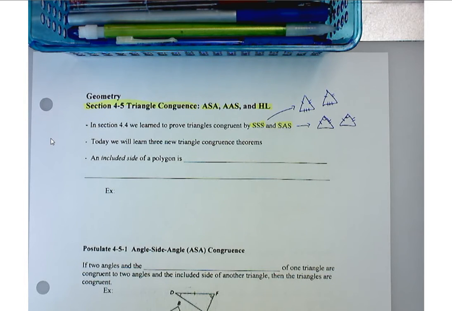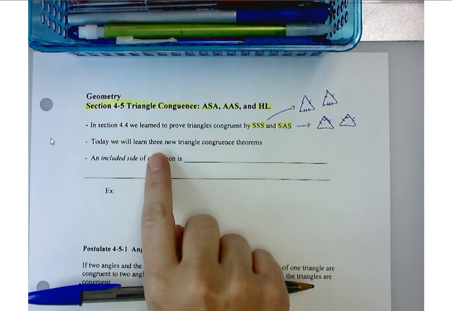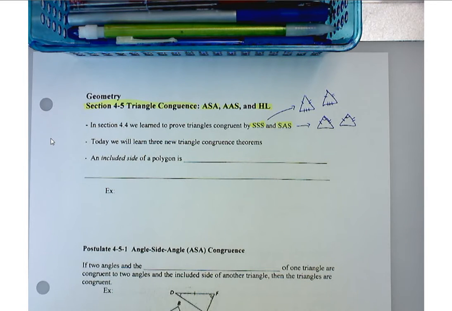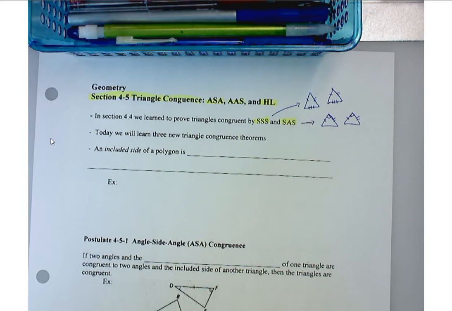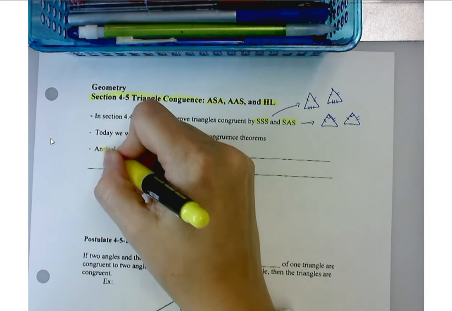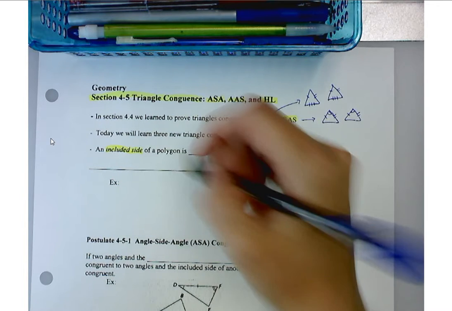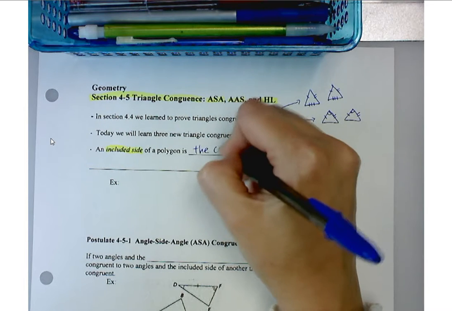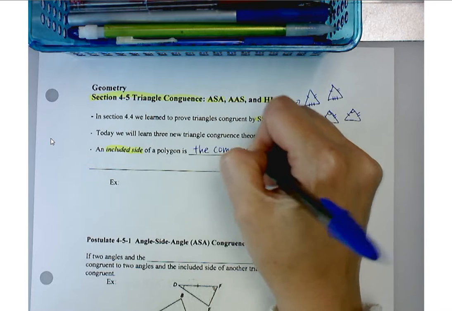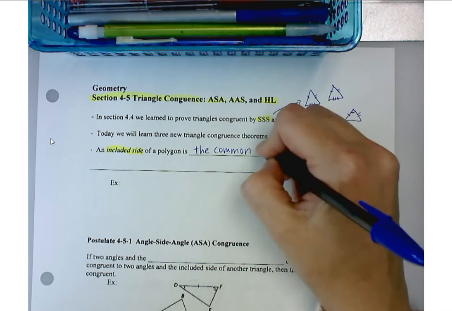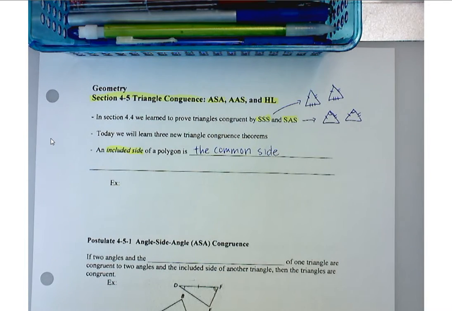Today we are learning 3 new of them, and we are going to have to know what it means if it's an included side. It's very similar to our included angle. An included side is the common side, which means, when you have something in common, you share the same interest.